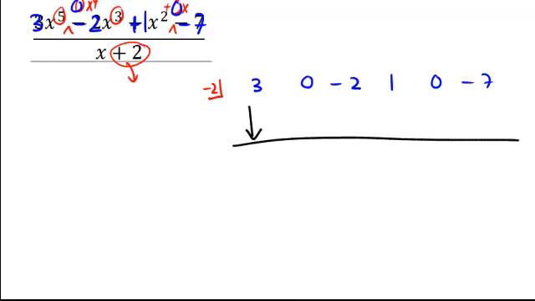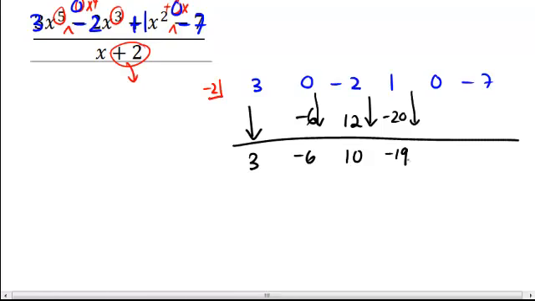And then put a line across. The first one goes down. 3 times negative 2 gives you negative 6. Write that over here. Add these two terms. 0 plus negative 6 is negative 6. Negative 6 times negative 2 is 12. Add these two terms. 12 minus 2 is positive 10. 10 times negative 2 is negative 20. So you get negative 19.